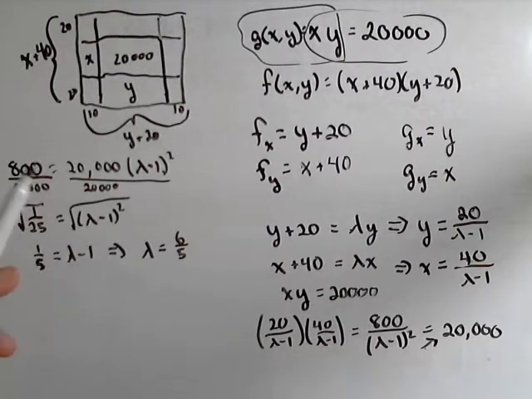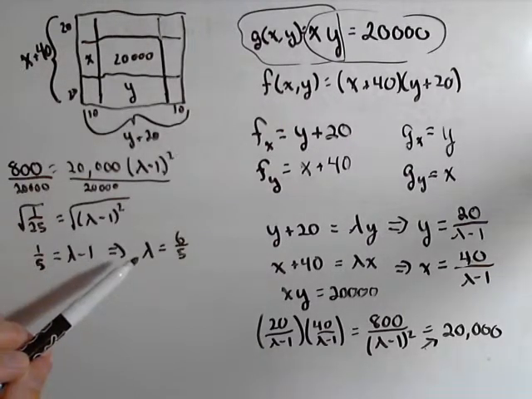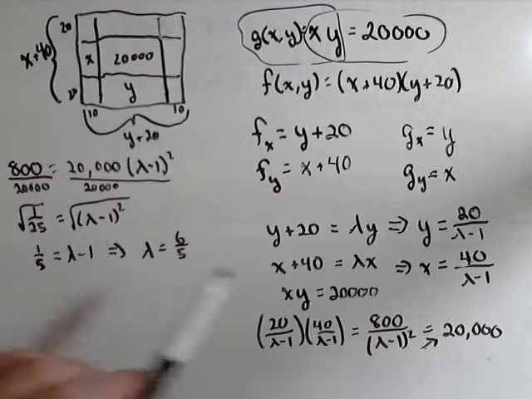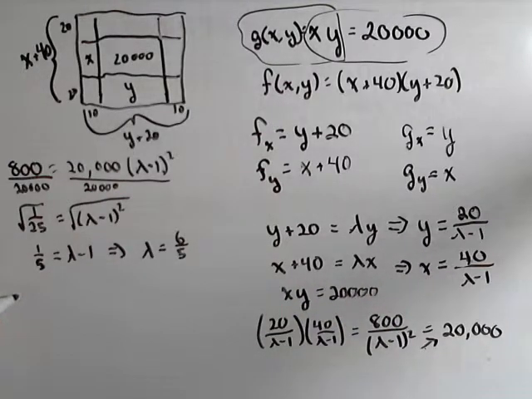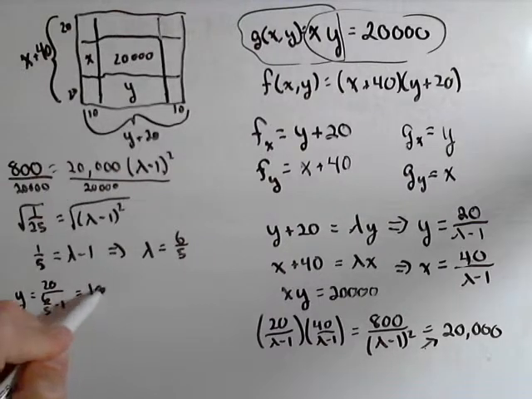Okay, so let's use that lambda to figure out what x and y should be. So y is going to be 20 over 6/5 minus 1, which is 1/5. Dividing by 1/5 is the same thing as multiplying by 5, so 100 for y. X equals 40 over 6/5 minus 1, same thing.